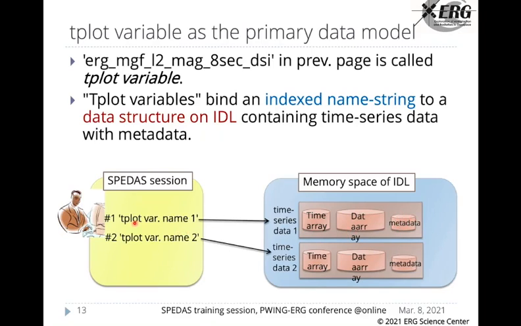So if you have two tplot variables on a SPEDAS session, that means you have two sets of data arrays on IDL. Then you can manipulate or plot or load those data here.